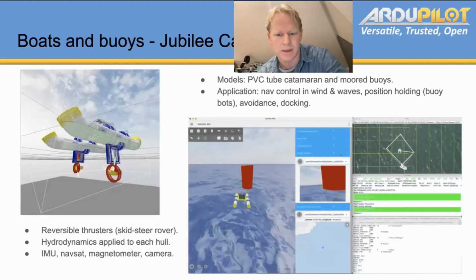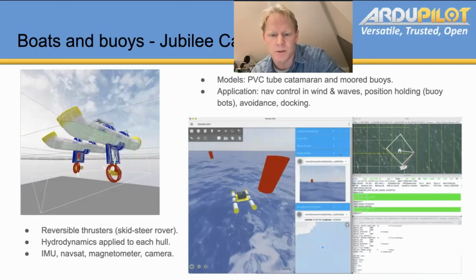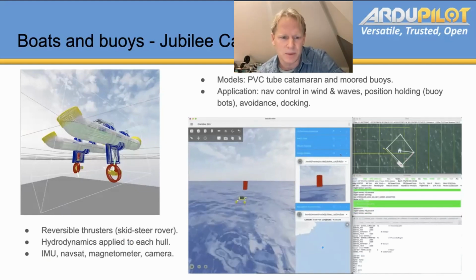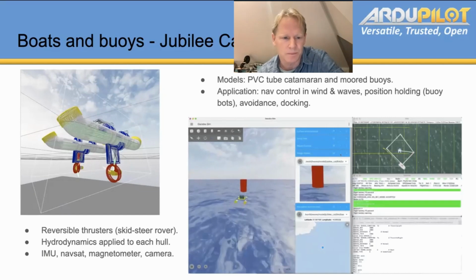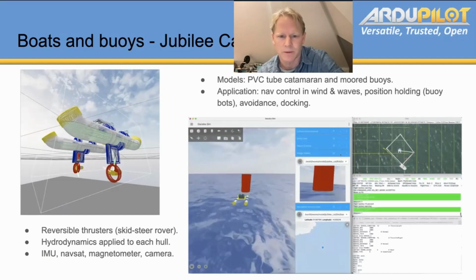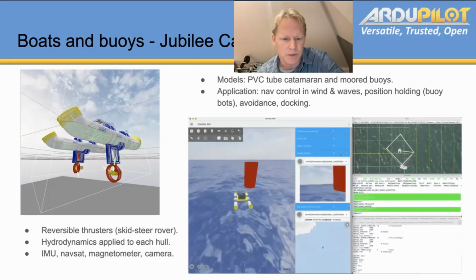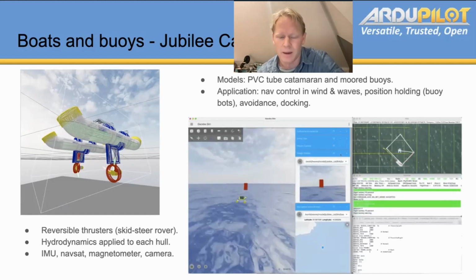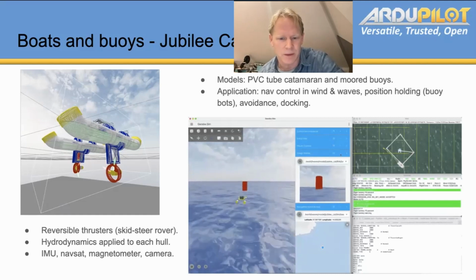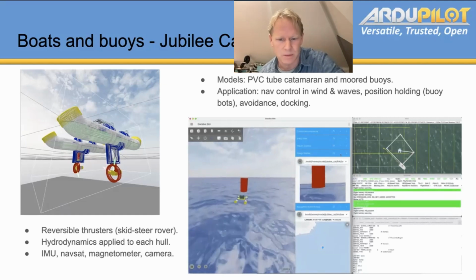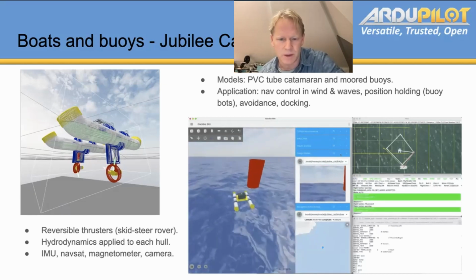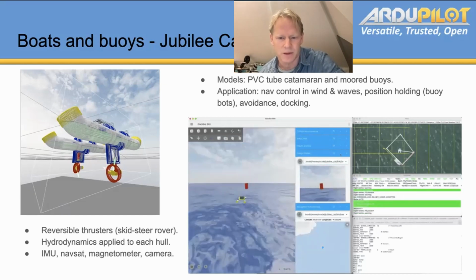Another example is for marine simulation, and a bit more on that later. This is just a simple buoy bot type model, PVC tubes with a couple of thrusters on them. So it's essentially a skid steer rover. There's quite a lot of physics going on. There's the wave modeling for the environment, and a set of hydrodynamics being applied to each of the hulls.